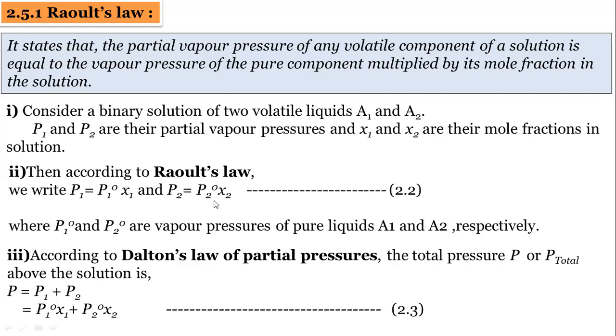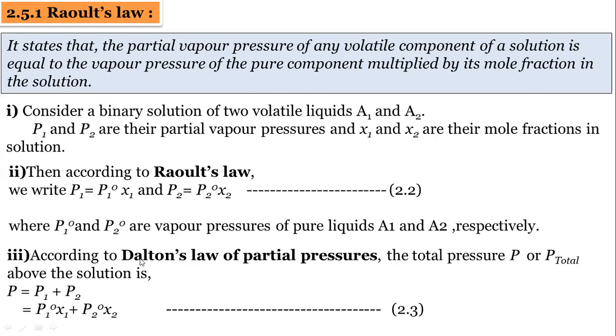Because if any non-volatile solute is dissolved in it, the vapor pressure is not equal to that of the pure component. So don't get confused. Only the vapor pressure of the pure component and the mole fraction are related. By using this equation for P1 or P2, we can remember the Raoult's law.